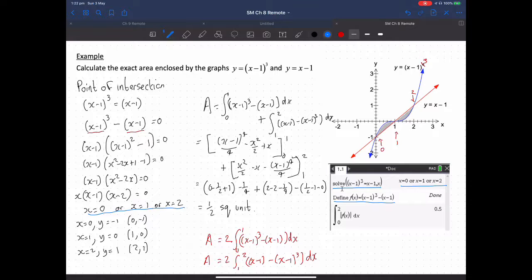What that means is where the value is positive, it will still give you a positive. Where the difference is negative, because you are taking the absolute value of a negative, it will give you a positive result. So that is another way you can do it if you're using your calculator and you do not want to break things up into lots of different areas.